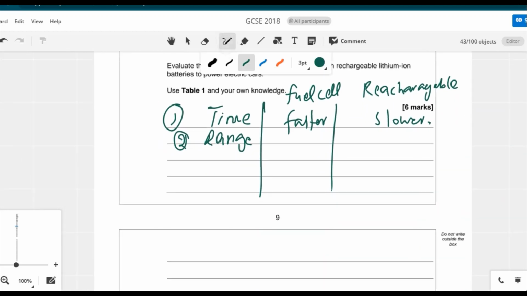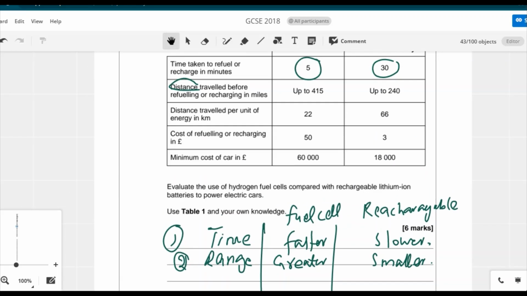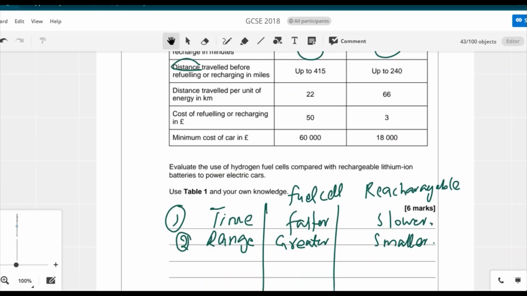So we write greater here, and smaller here. Okay, third one, distance traveled per unit of energy in kilometers.